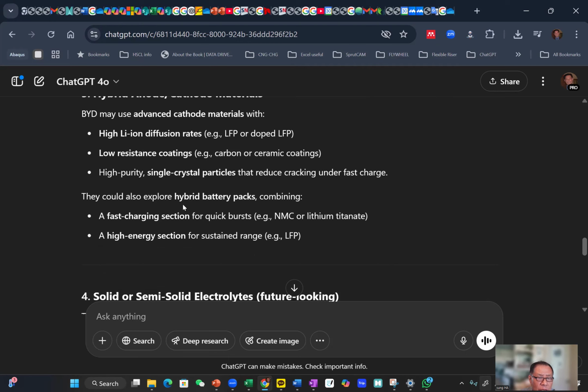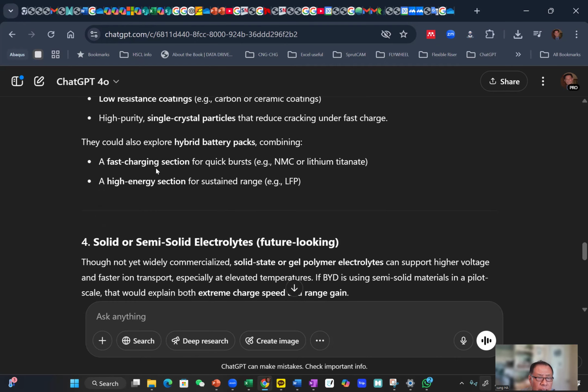They could also explore hybrid battery packs. Hybrid means that the fast charging section is for quick bursts, the NMC or NCM or lithium titanate, and the high energy section is for the sustained range.